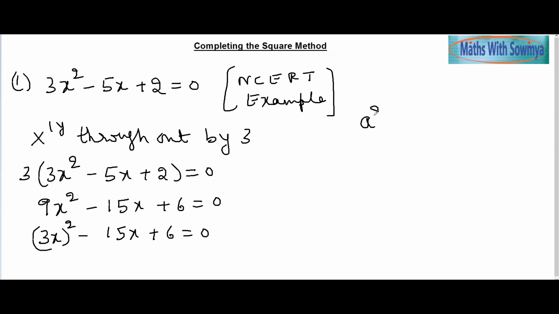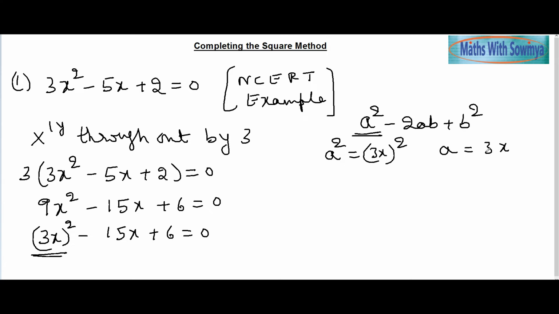15x plus 6 is equal to 0. If I see a square minus 2ab plus b square, the a square, I can call this my a square. So a will be 3x because a square is 3x whole square. So alone a is 3x. Let us see what is 2ab. Pick this as 2ab.